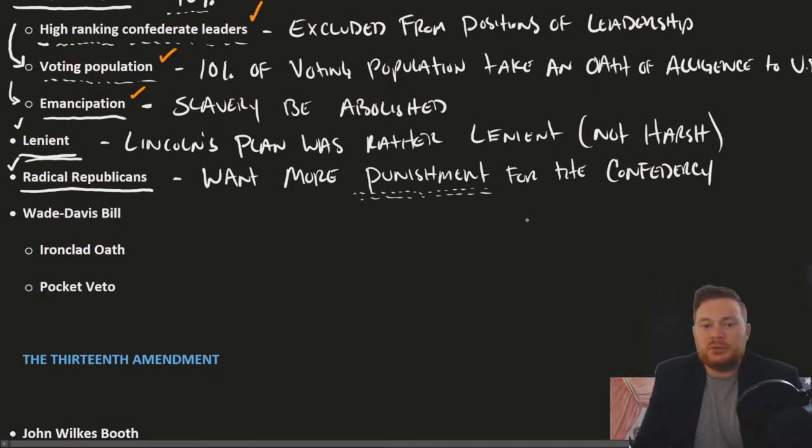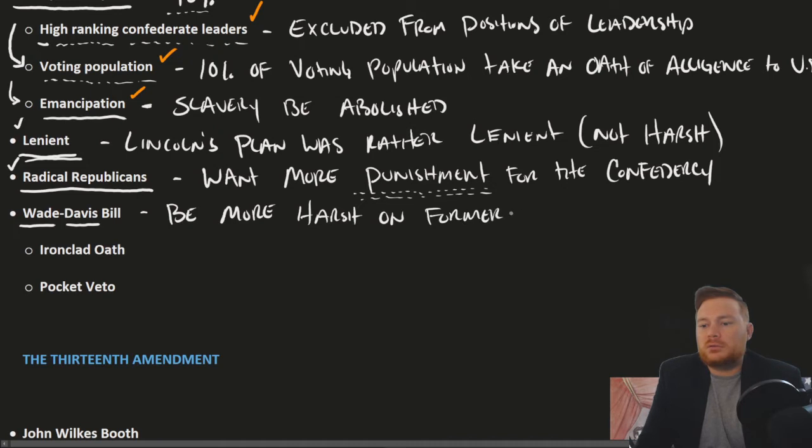And so a couple of Northern radical Republican Congress members, Wade and Davis, put together a bill that will be more harsh on former Confederates. One thing that it included was the ironclad oath.